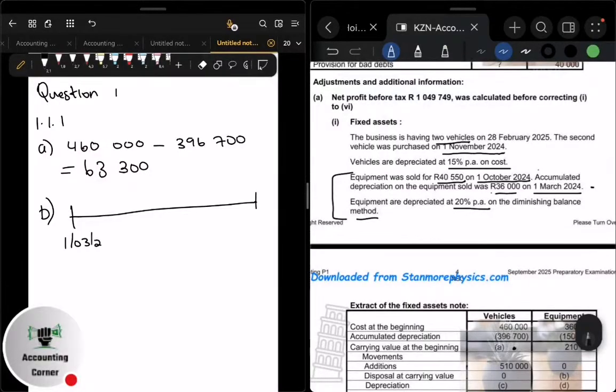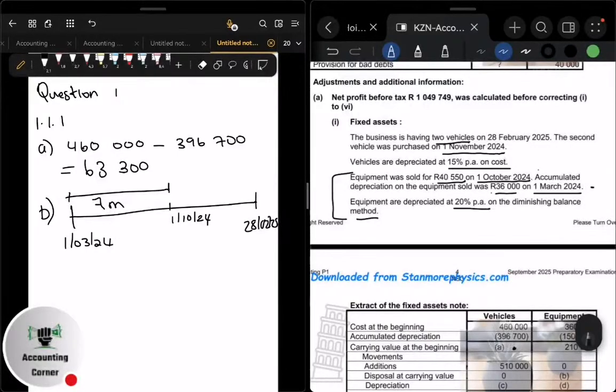It ends on the 28th of February 25, and this was sold on the 1st of October 2024. So we need to calculate the number of months from the beginning of the year up until the date of sale. That would be March, April, May, June, July, August, September. We don't count October because this was sold on the 1st. So this was depreciating for 7 months in the current year.